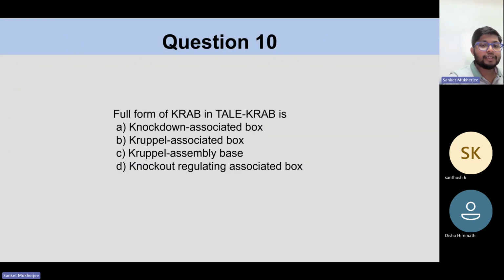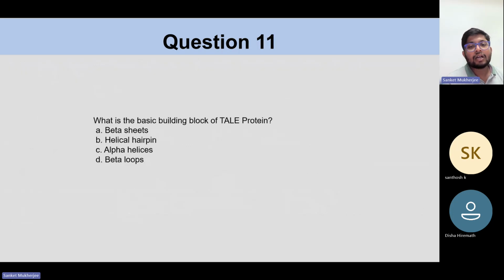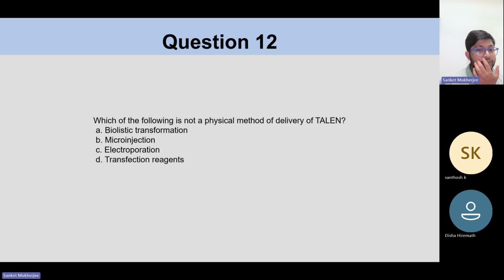You can read about it in your lecture slides. What is the basic building block of TAL protein? Is it beta sheets, helical hairpin, alpha helices, or beta loops? B, yes, helical hairpin. Again, the same question coming up.